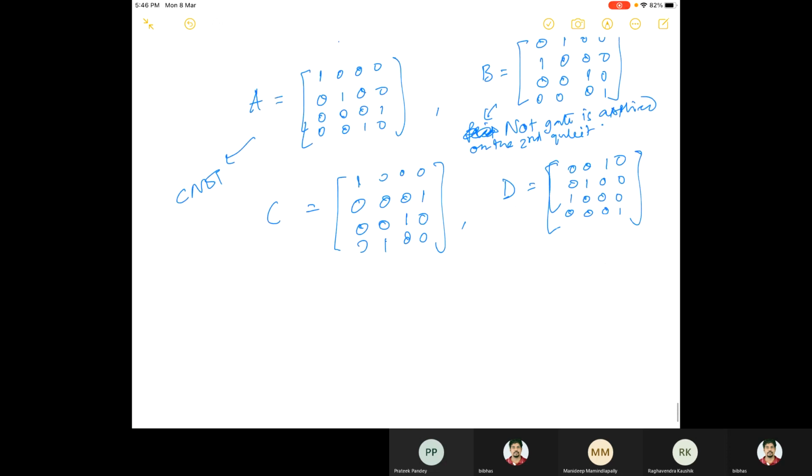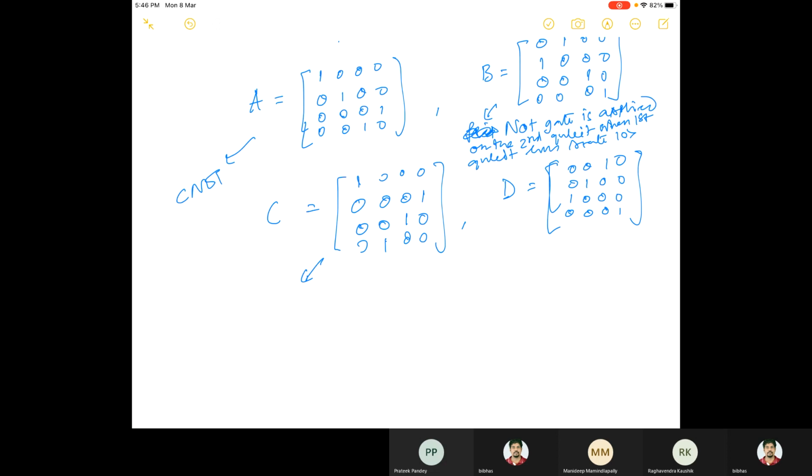So NOT gate is applied on the second qubit when the first qubit has state 0. And this is one more thing. If you check it out, here the control qubit is the second one.